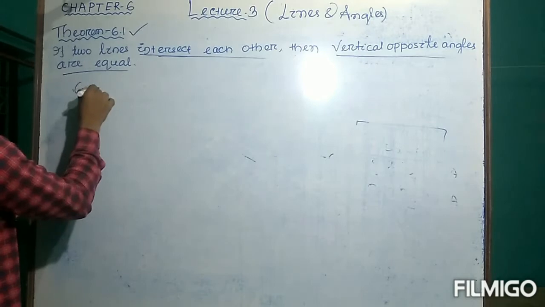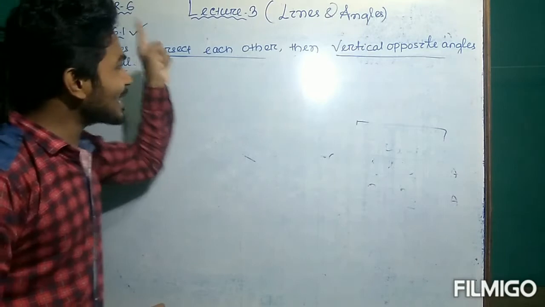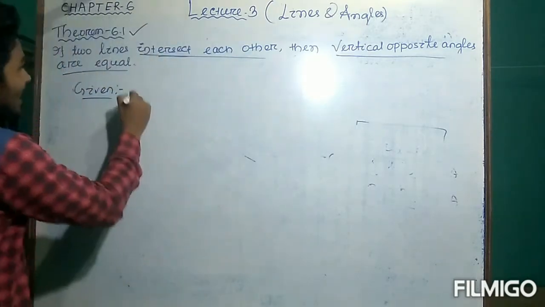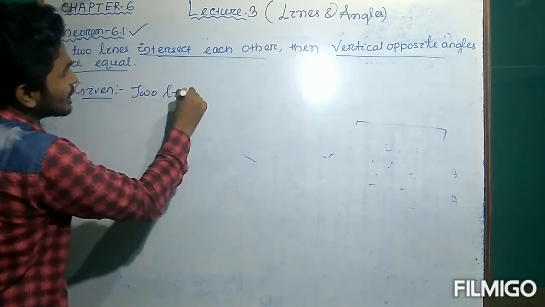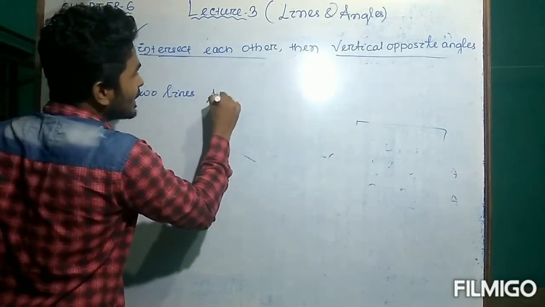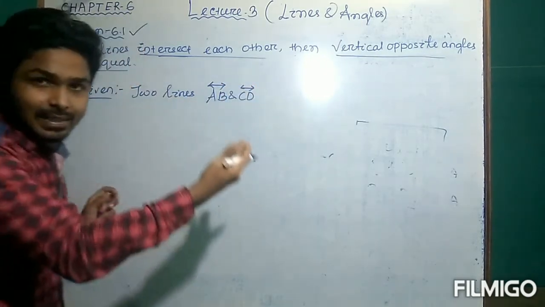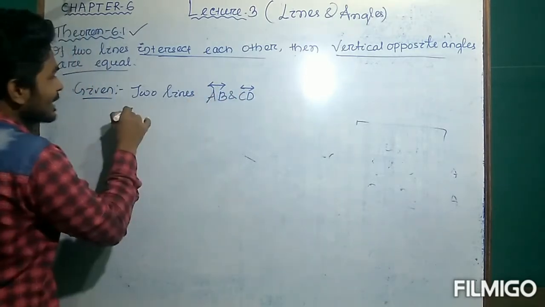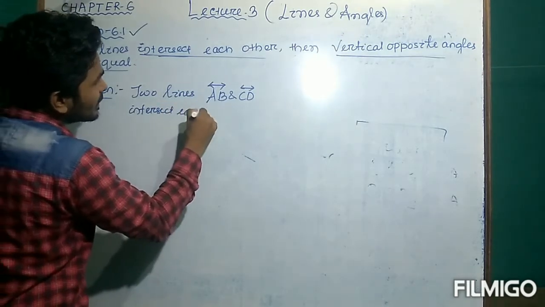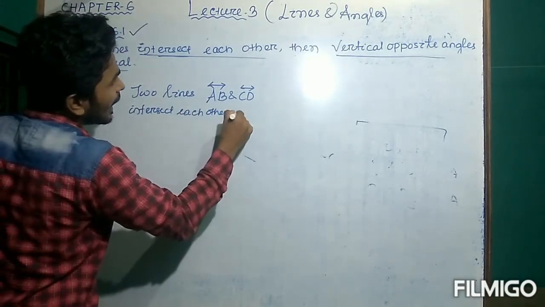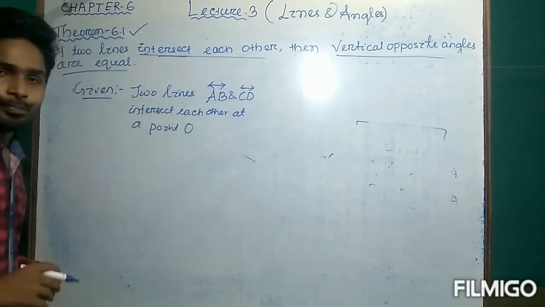So given. What is given? It is given that there are two lines and both the lines intersect each other. So write: two lines AB and CD intersect each other at a point O. You can take any lines.